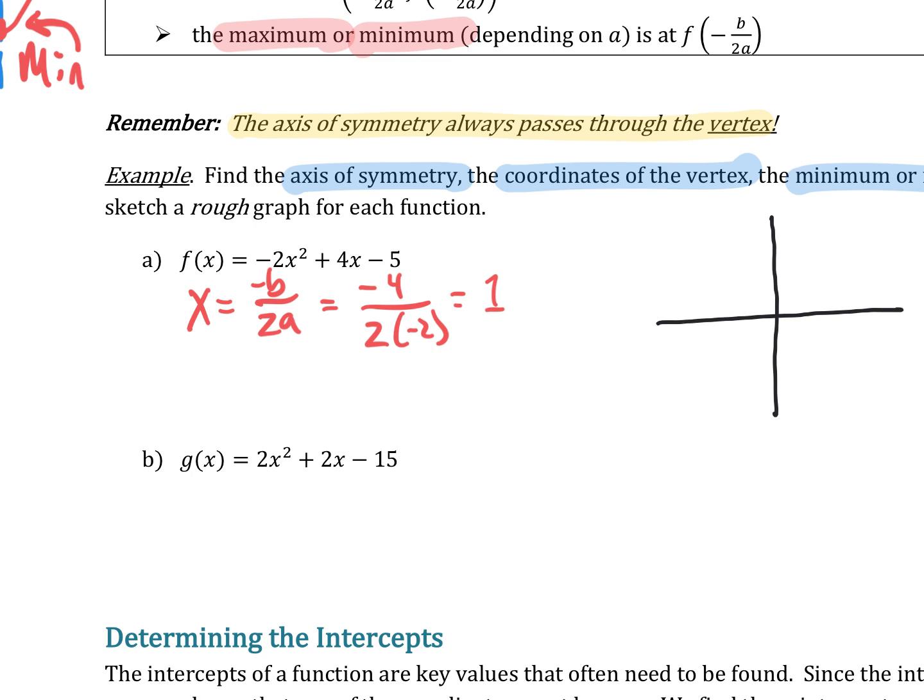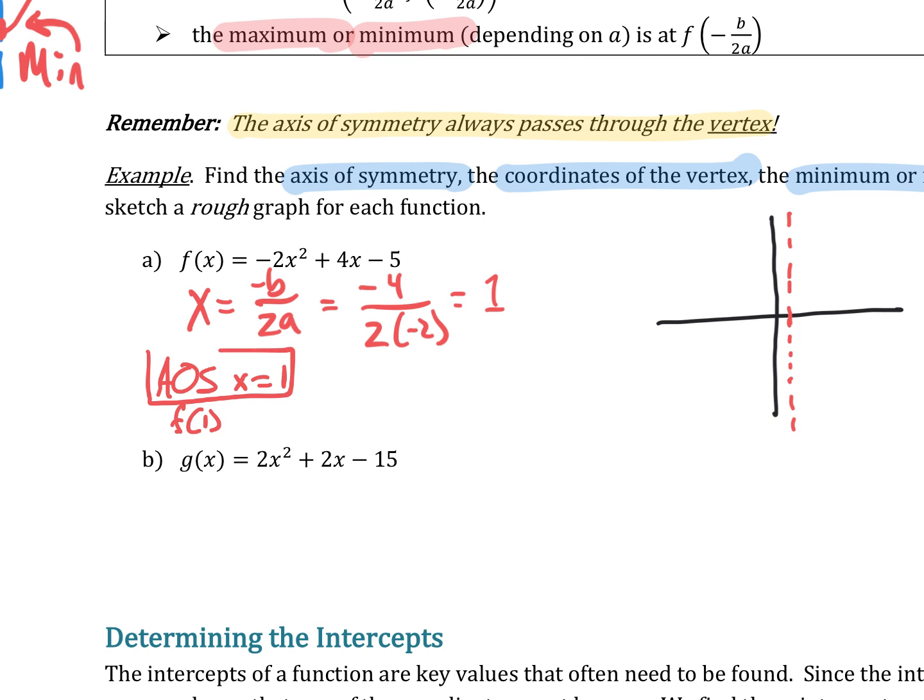So at positive 1, we have our axis of symmetry. Now we know the axis of symmetry goes through the vertex, so the vertex lives somewhere on this line. Well, we know the vertex happens at x equals 1, which is our axis of symmetry. So let's plug it in and let's find f of 1.